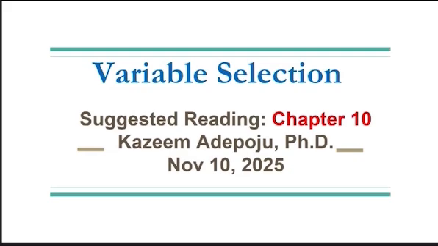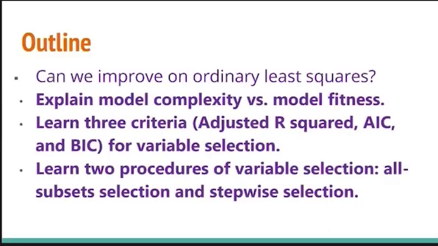But for me to quickly have a recap on what we started on Monday, this is about deciding how to select variables into our model. I think I remember I mentioned something that has to do with a way of improving the ordinary least squares.